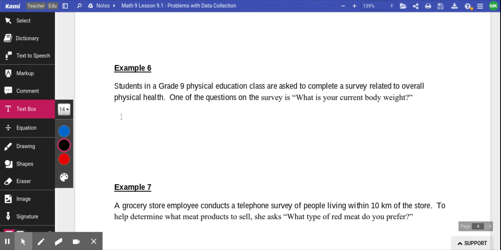If you said, what kind of meat do you prefer to purchase? I would probably say chicken. If you said, what type of red meat do you prefer? Now I'm changing my answer to specifically a red meat, and chicken is not a red meat. So I now would say maybe hamburger, right? You asked with poor use of language, which is going to skew your results on what meat you wanted to sell in your store.